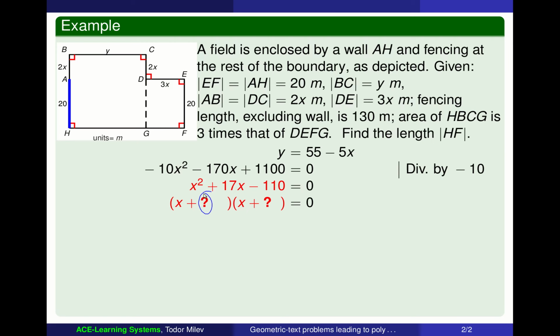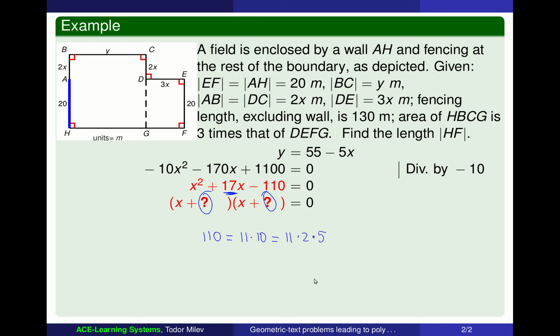So whatever numbers I should put there, their sum must be 17, and their product must be minus 110, right? Because when I distribute the parentheses, their sum will turn out to be 17, and their product will be, well, minus 110. So let's see, 110 is equal to 11 times 10, which is 11 times 2 times 5.